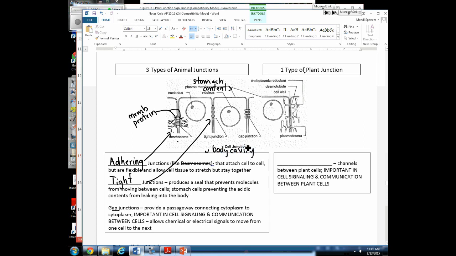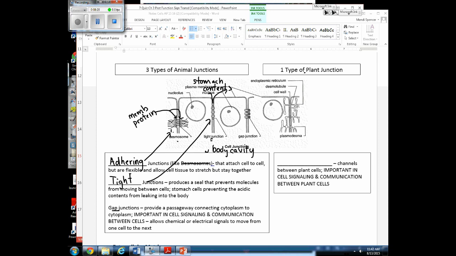And it's imperative that the acidic contents of your stomach aren't leaking out into your body cavity. So that's where these tight junctions come in. Molecules, substances, cannot move in between those cells. And again, not all cells need to have these tight junctions to prohibit the movement of substances from one part of the body to the other.